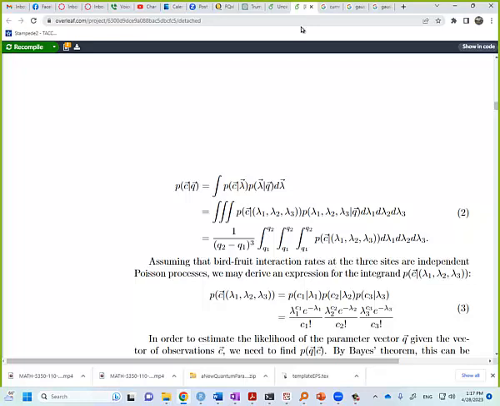What does equation 2 mean? This is saying that if I know what the parameters Q are, then I can find the probability of C, and C is my observation.